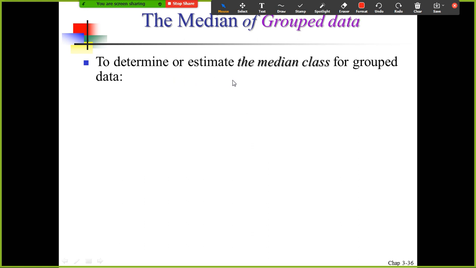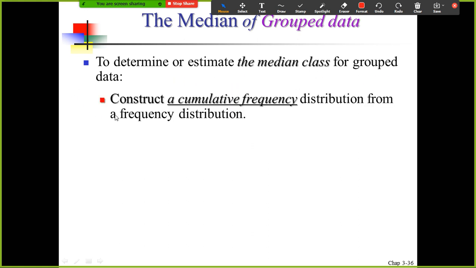To determine or estimate the median class for group data, you first need to have a frequency distribution as group data, and then you need to find the cumulative frequency.